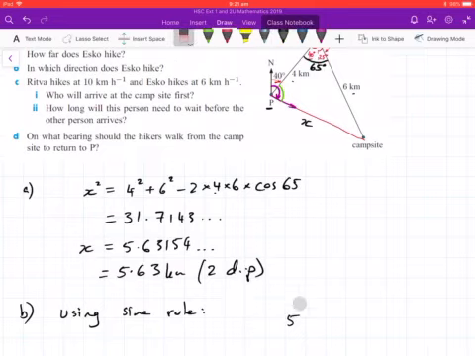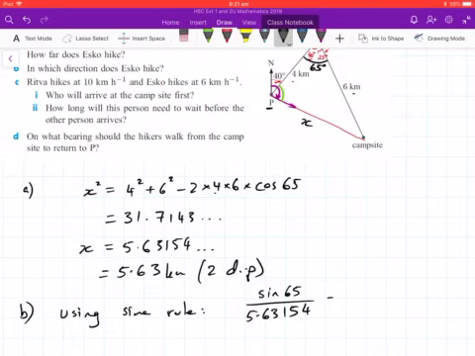Let's change that. I'm going to make the angle on the top because that's the thing I want to find. So sine 65 over 5.63154. Always remember, further accuracy is going to help you get the correct answer. Let's call it sine theta. I'll put that angle in here. Theta over 6.